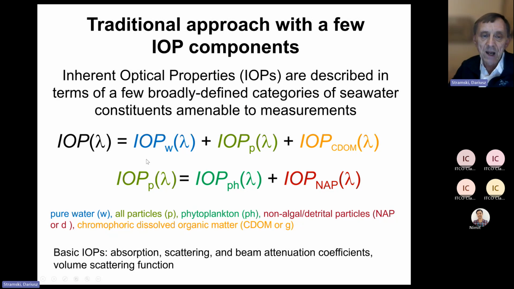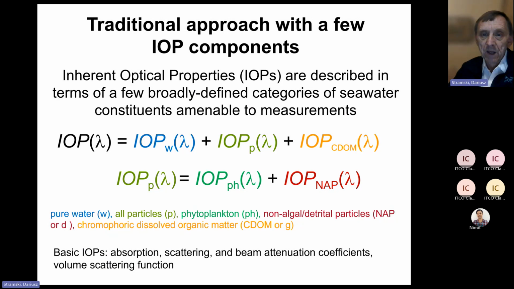In the best case scenarios, some particulate IOPs are partitioned into phytoplankton, but again, typically all phytoplankton together, and all other types of non-phytoplankton particles, NAP.